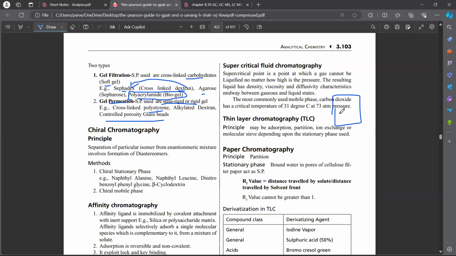The adsorbent can be calcium silicate, aluminum oxide, magnesia, silica, etc. Then we spot the samples on the plate and dip it in a mobile phase. The mobile phase travels through the plate by capillary action, and based upon adsorption efficiency, different components separate on the plate.